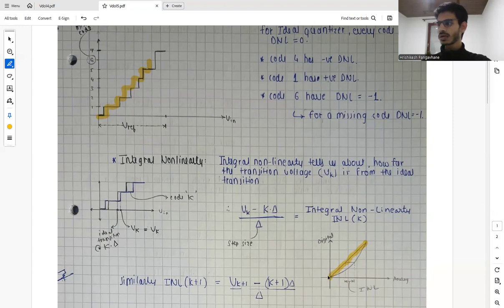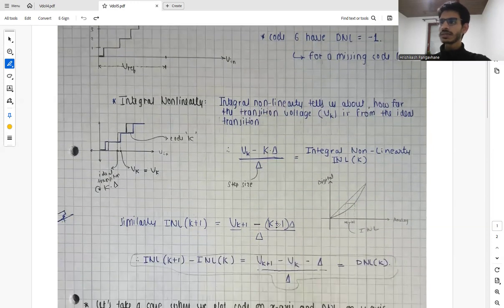This will give us a slope of that staircase, which is ideal, and this curve will give us the non-ideal one, which is this one. When we see how far the transition voltage is from the ideal transition, it gives us the INL. So similarly, for Vk, we derived the INL to be this value.